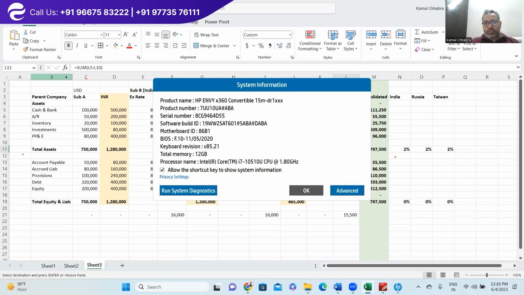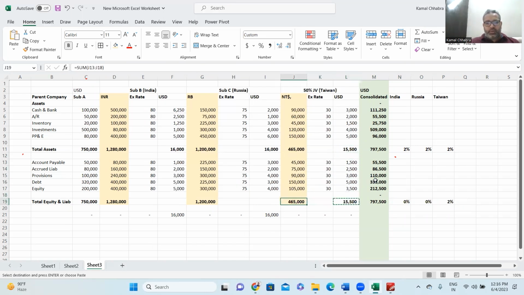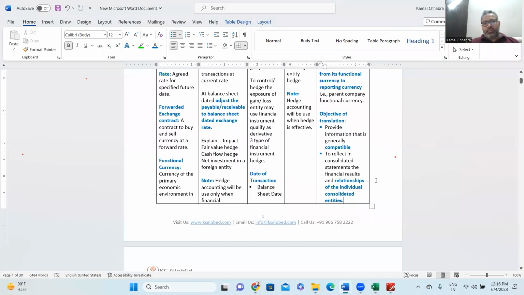So let me put the number. Why is it showing 0? Because here the numbers are missing. Right? So this type of analysis you can do when you have comparable and compatible numbers. Right? Yes, sir.